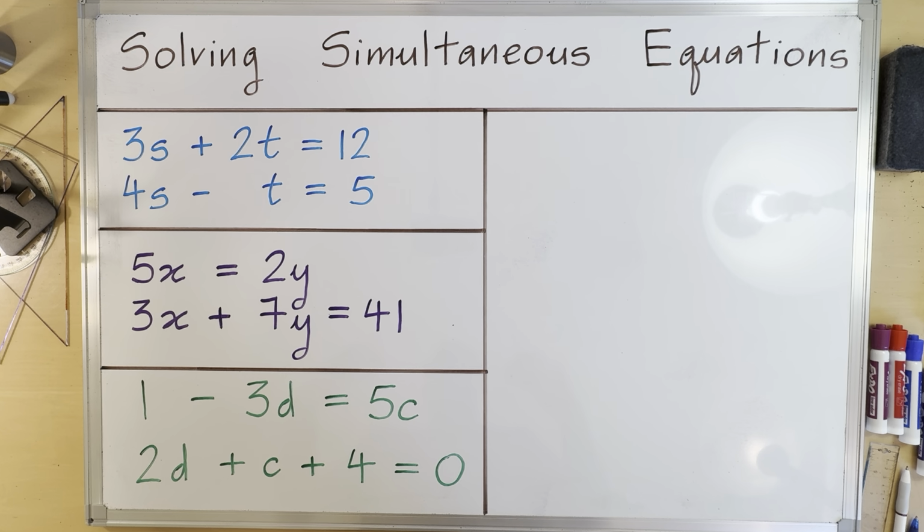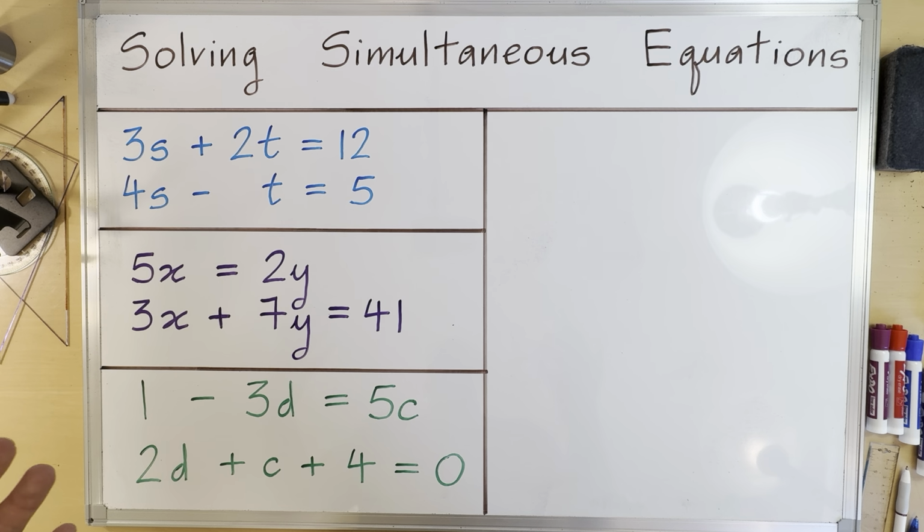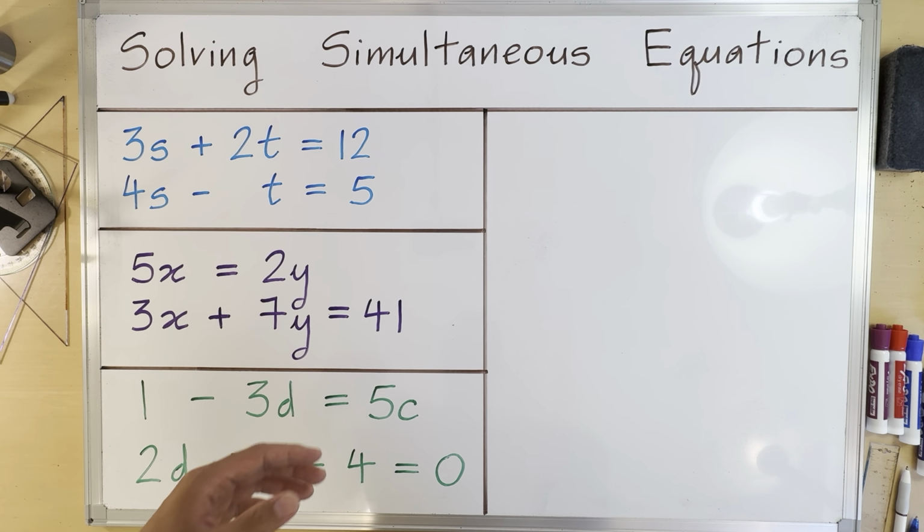And the way that we want to do this is to move all of the terms with unknown variable letters to the left side of the equation, and every single term with numbers only to the right side of the equation. So let's get started.